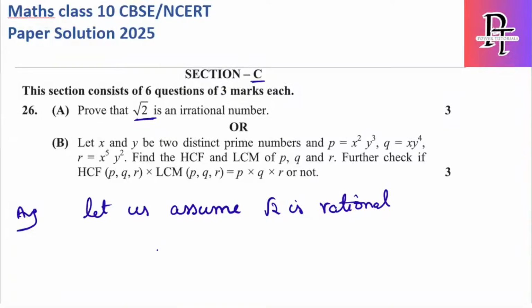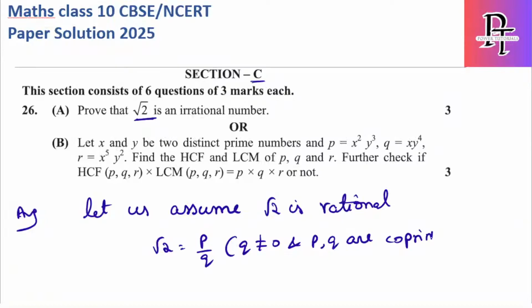If root 2 is rational, then I can write root 2 is equal to P by Q, where Q not equal to 0 and P, Q are coprimes. What are coprimes? Coprimes are the numbers which do not have any common factor. So here now let's write P is equal to Q root 2.